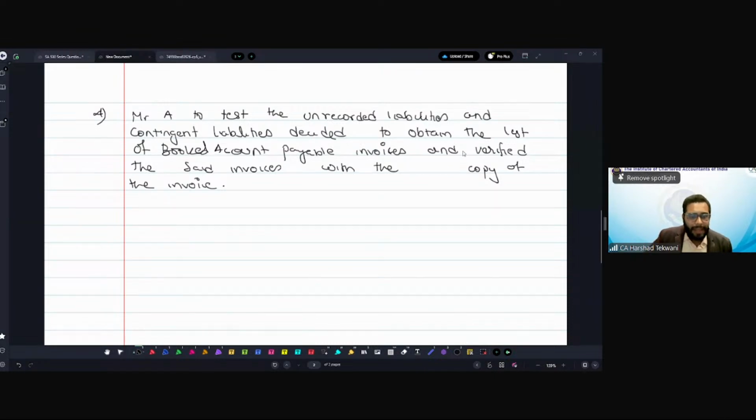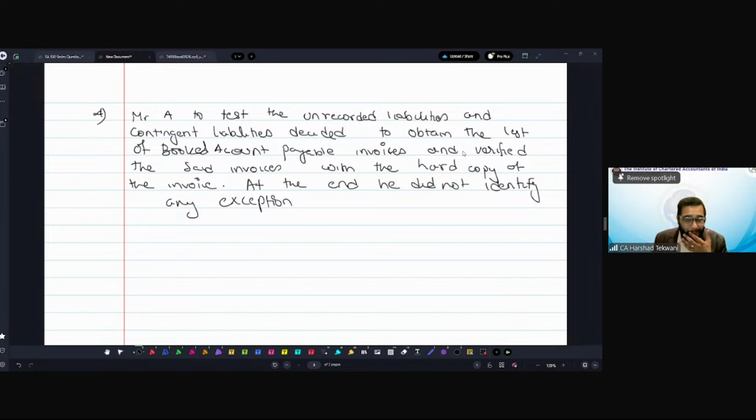Now, at the end of this particular testing, he did not identify any exception. Now tell me, is the audit evidence received from this particular testing appropriate?